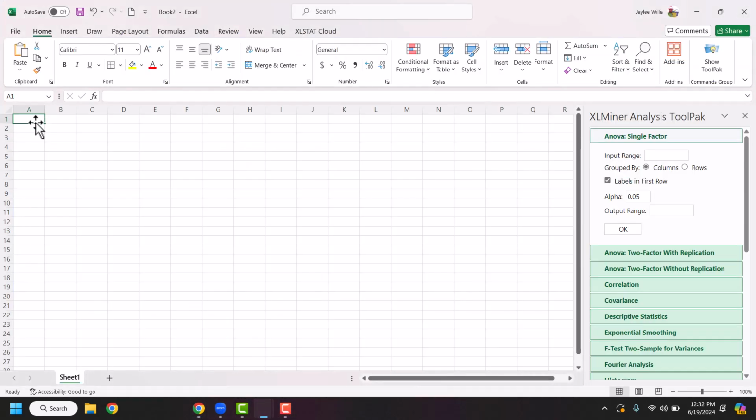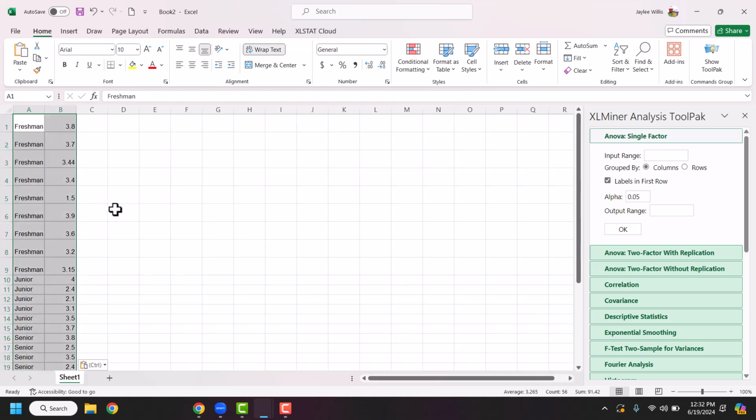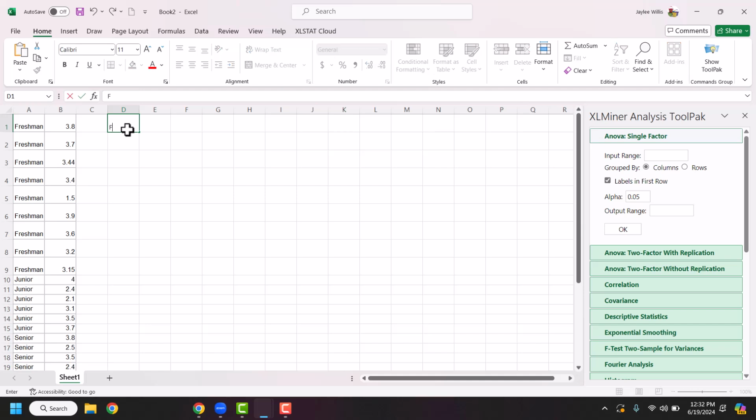And I need to set it up in a way that works for the ANOVA test. So the way that the ANOVA test works is you have your categories. You can either do them in rows or columns, but I'm going to do them in columns. So I have freshman, sophomore, and junior and senior. You have those in columns or rows.